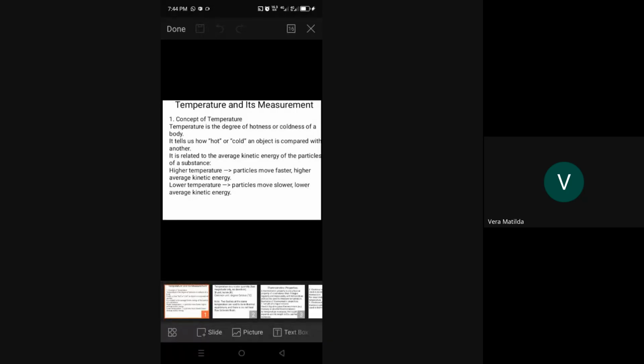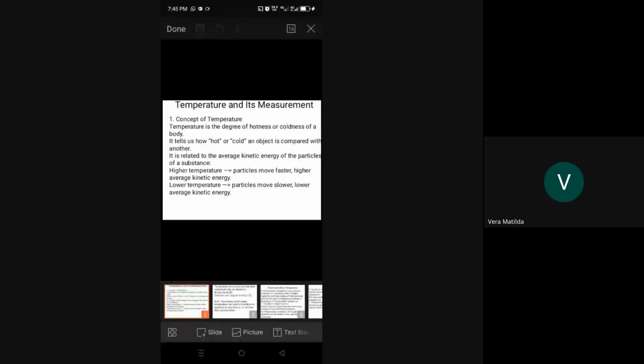Kinetic energy has to do with motion. So if I want to increase the kinetic energy of the particles in a matter, I should just increase the temperature.